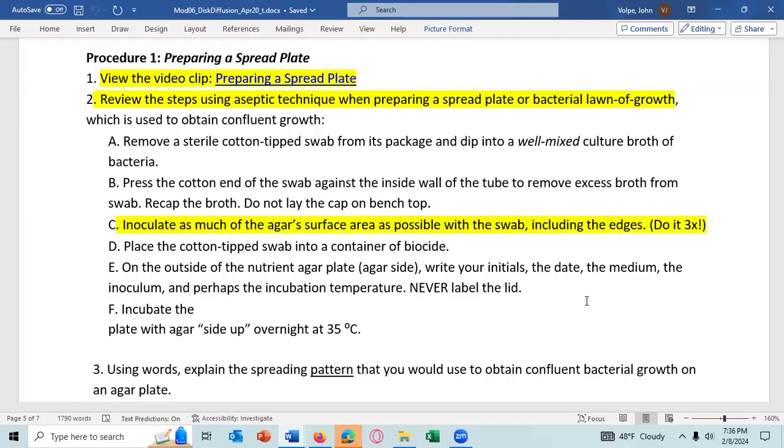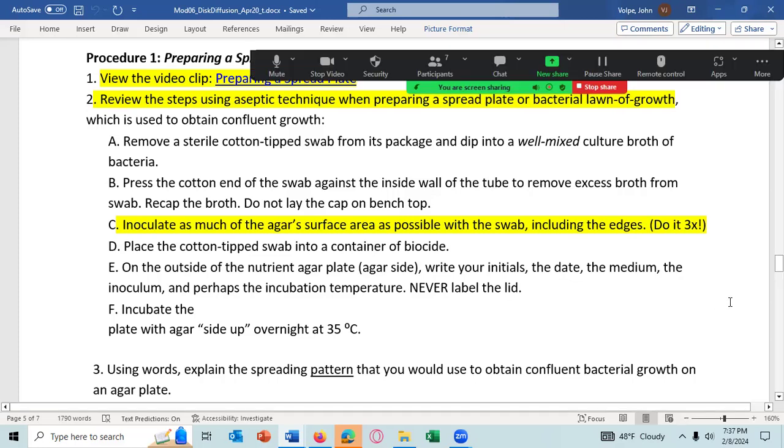And between 5 minutes and 15 minutes, you put the disc containing the antibiotics on the plate. And then no longer than 15 minutes later, you put the plate in the incubator to incubate for 16 to 18 hours at 35 degrees Celsius. Any question about that?